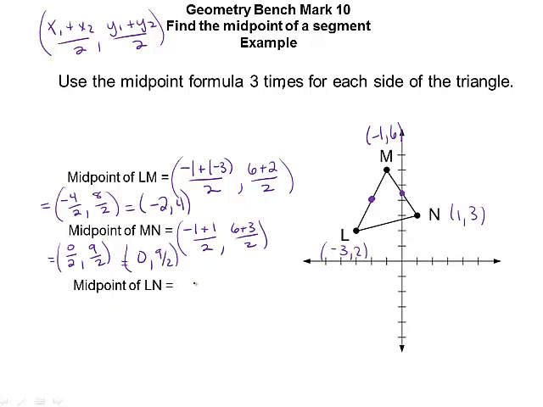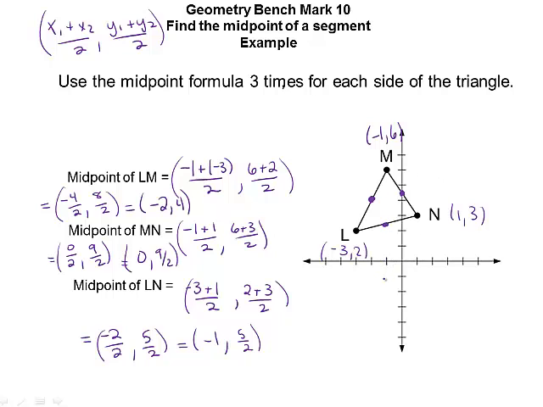And then LN is my last one, so I have negative 3 plus 1 and 2 plus 3. So negative 2 over 2 and 5 over 2, which is negative 1 and 2 1/2. Okay, negative 1, 2 1/2. There I am. So I found all my midpoints.